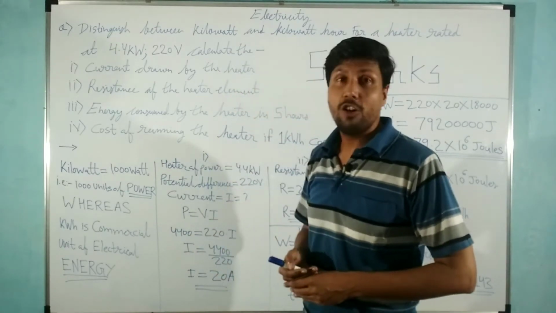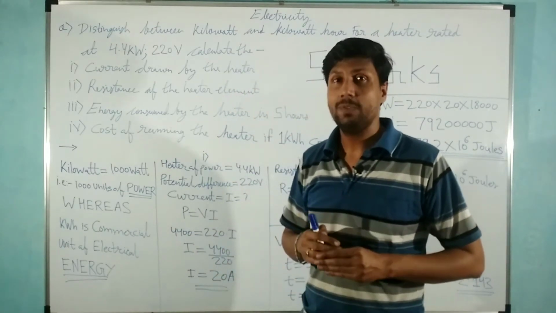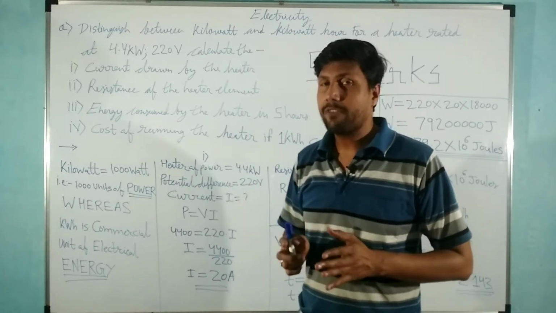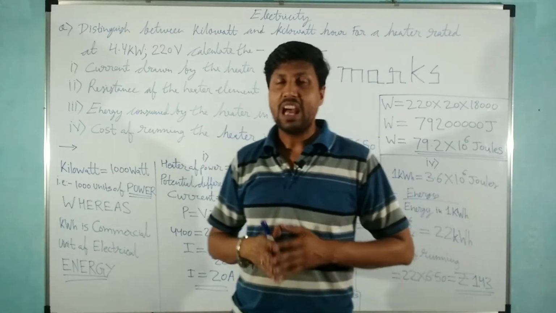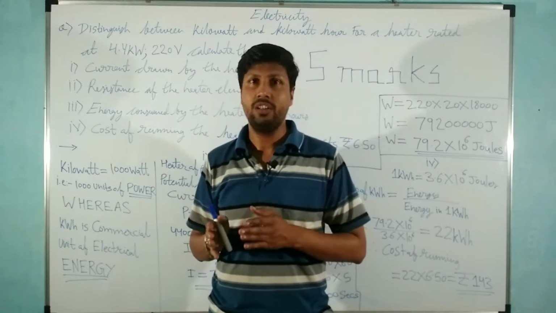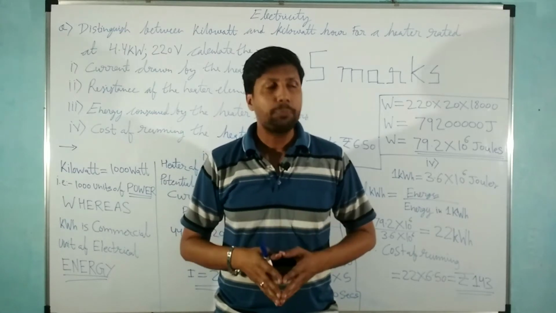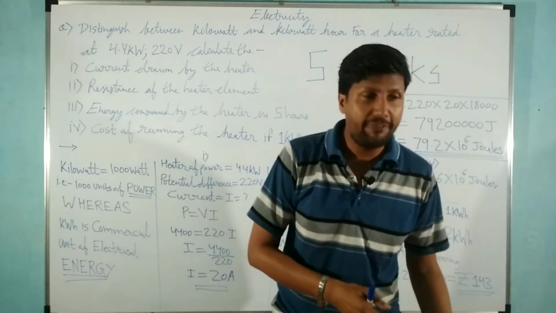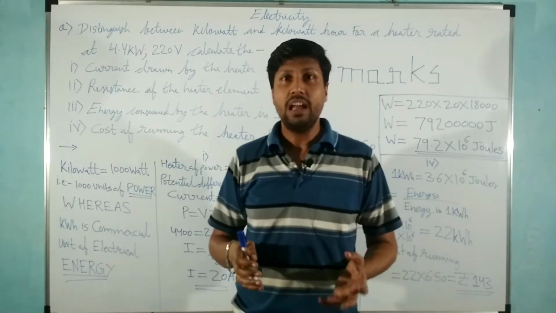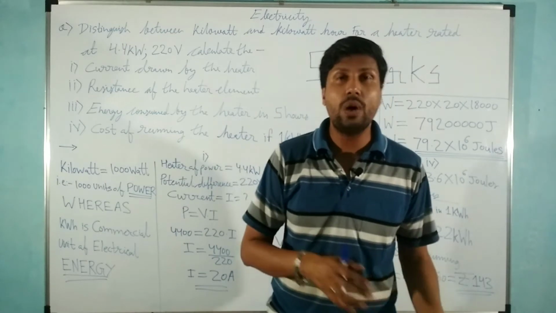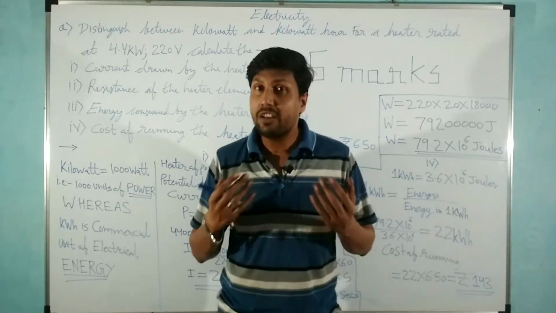Dear friends, as you all know, power has the SI unit watt. So what is power? As per the definition, power is the rate of doing work. For example, if a person is able to lift 50 lbs in 5 minutes, and another person can lift 50 lbs within 1 minute, whose power is more?